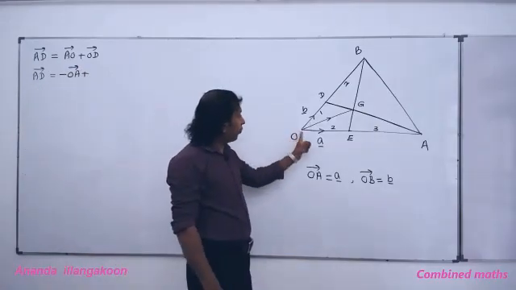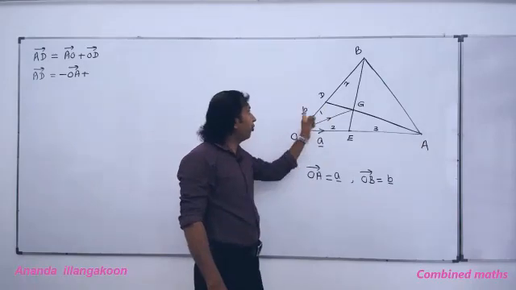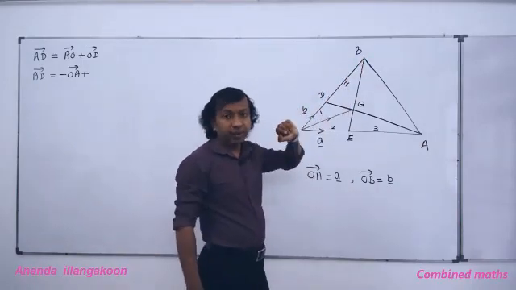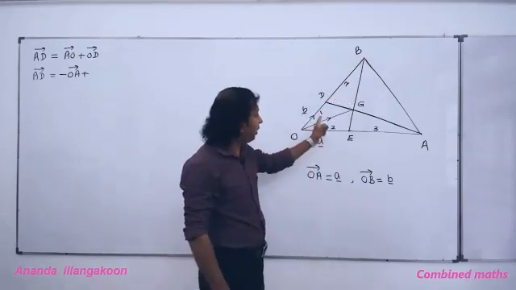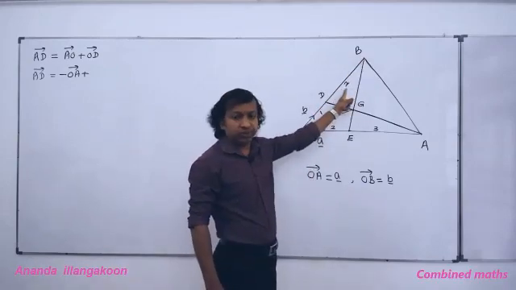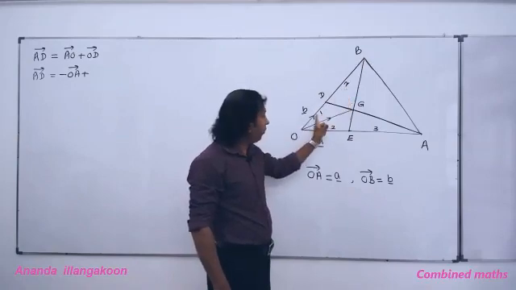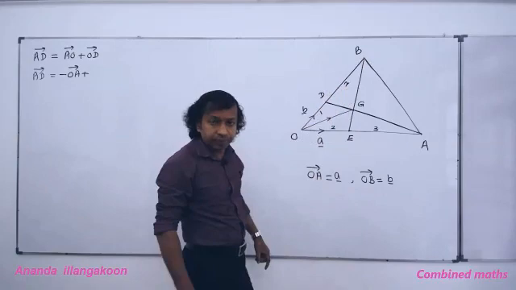Can someone tell me how to find this OD vector as a part of OB vector? Yeah, OB vector we divide by the sum of the ratios, 1 plus 2 is 3. That should be multiplied by 1 because we need to take OD.